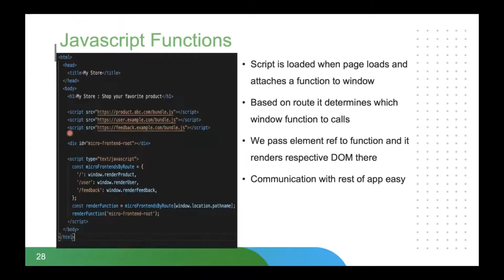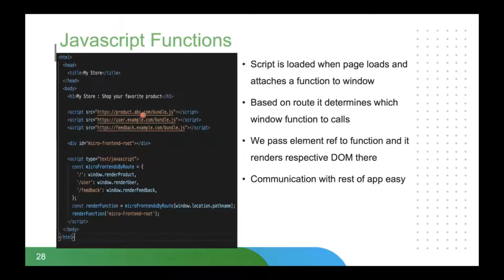We have one element where we want to inject our micro frontend. Another question is when we want to inject. The conditions can be based on some event handler or anything, but here we are injecting a particular micro frontend based on the route. Whenever this bundle is loaded into our page, it attaches functions to the window object.